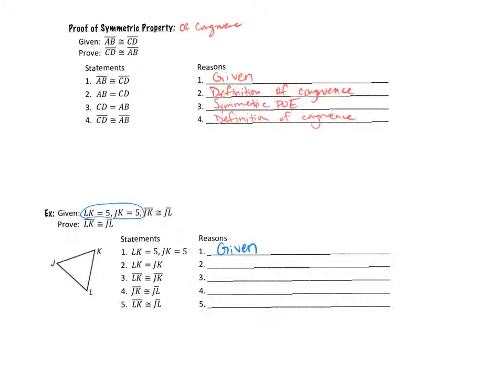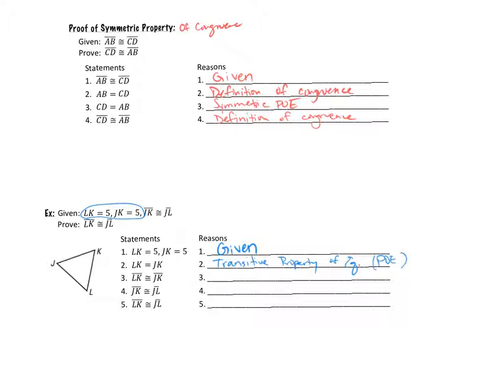Then I'm going to use that if LK equals JK, this is actually the transitive property of equality, because we're talking about lengths, and those are equal signs, not congruent symbols. Remember you could write that as POE.